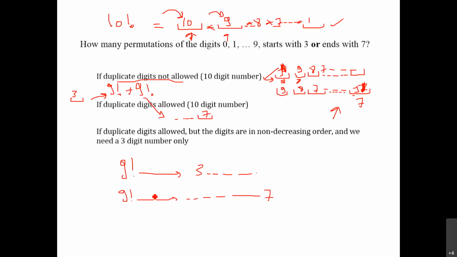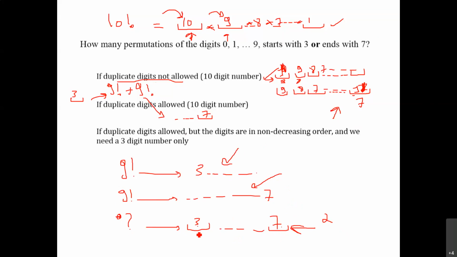Exactly, minus the intersection. What about everything such that I start with 3 and I end with 7? When it starts with 3 and ends with 7, it's included in the first because I started with 3, and it's included in the second because I ended with 7. So you're counting it twice. Well, just subtract it once.